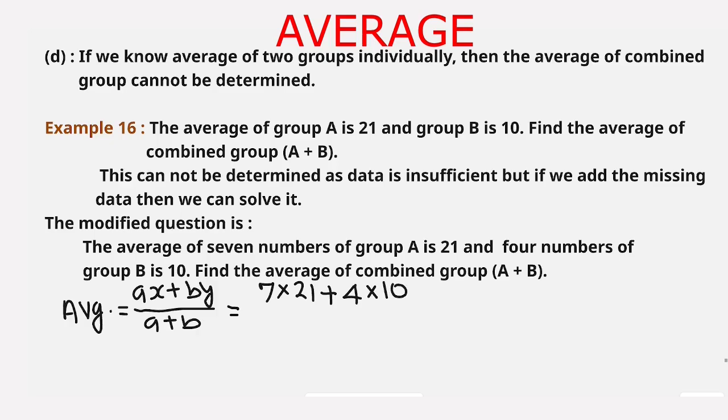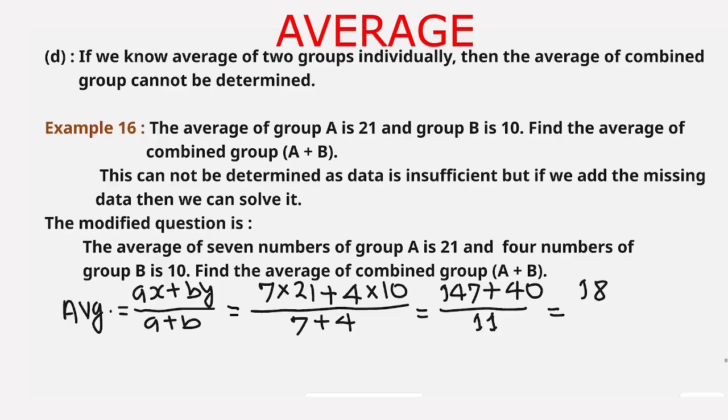So we write it as 7 multiplied by 21 plus 4 multiplied by 10 divided by 7 plus 4, and this is equal to 147 plus 40 divided by 11, and this is equal to 187 divided by 11, and this is equal to 17.